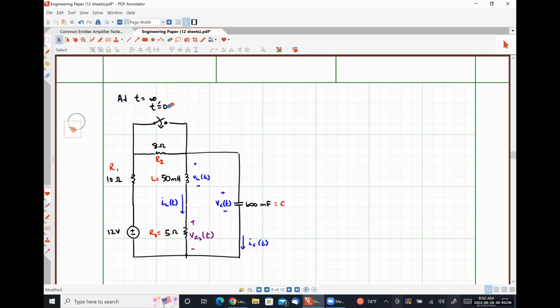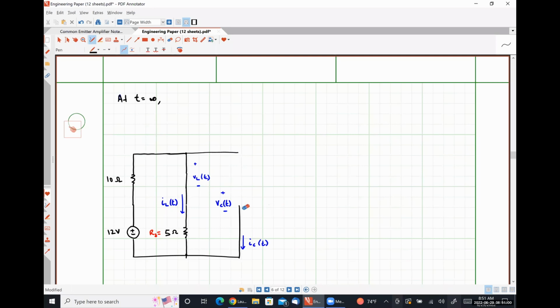At t is equal to infinity, our switch is still closed. Our inductor is now going to look like a short circuit because we're at DC steady state. Our capacitor is going to look like an open circuit because we're at DC steady state.